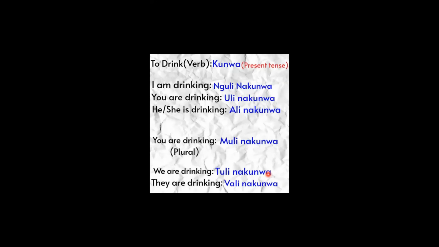But if you are talking to elders, it's better to say ngulinakunwa. That shows respect. So this is the formal way of describing the present tense in Luvale: nguli, ali, uli, muli, tulinakunwa.